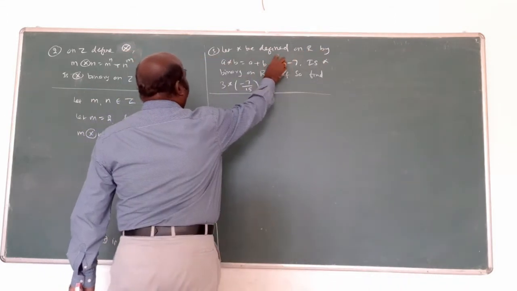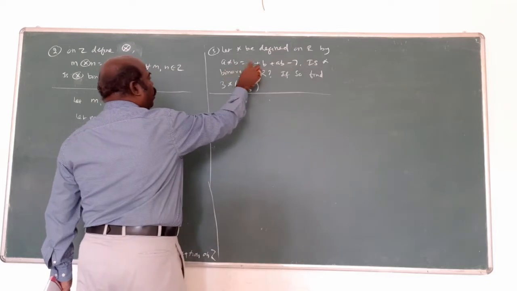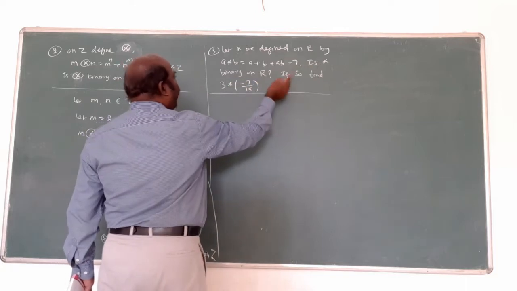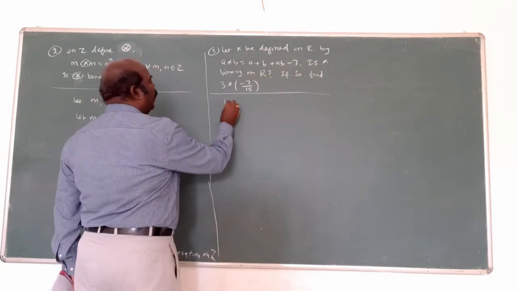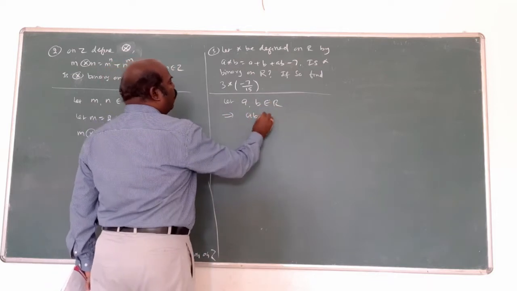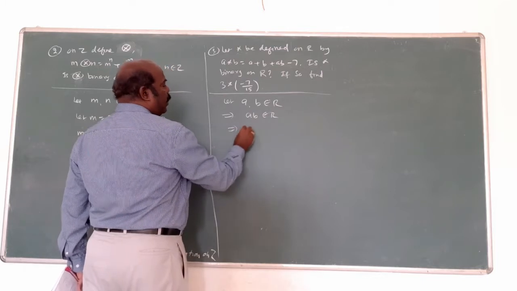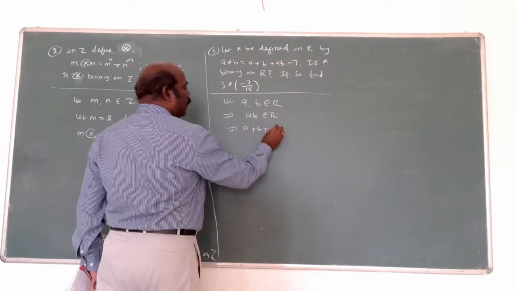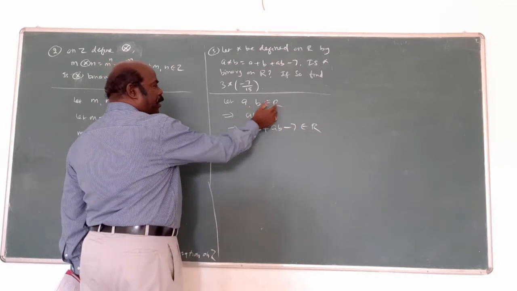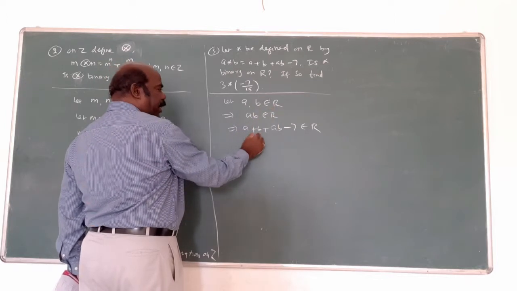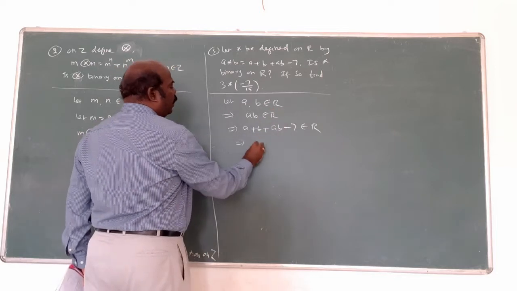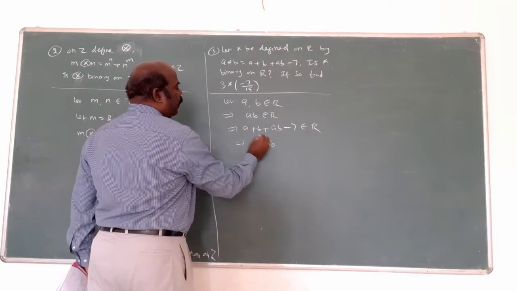Let the star be defined on R by A star B equal to A plus B plus AB minus 7. Show that this star is a binary operation. Let A, B belong to R. Then A star B also belongs to R. Then A plus B plus AB minus 7 also belongs to R. Two numbers are multiplied together, then adding first element, second element plus AB and subtracting 7 is also real.